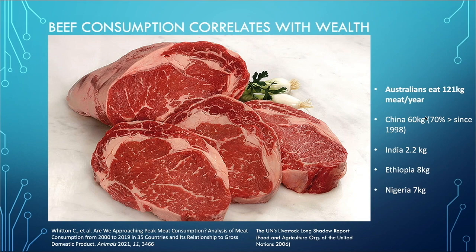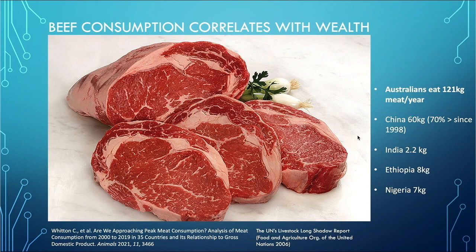Obviously, as we have more money, we want to eat richer foods. This is a luxury, because most countries can't afford to eat meat, especially beef. India only consumes 2.2 kilograms of meat per year, Ethiopia 8, and Nigeria 7. These people can't afford to eat the way we do, but we definitely can.